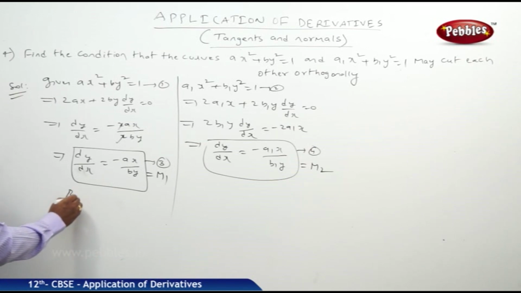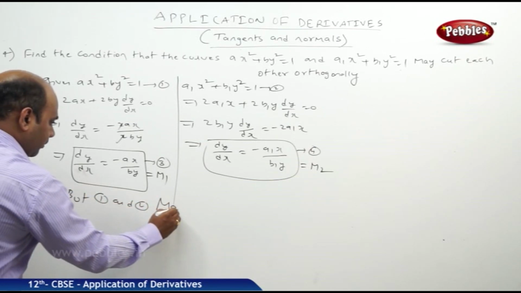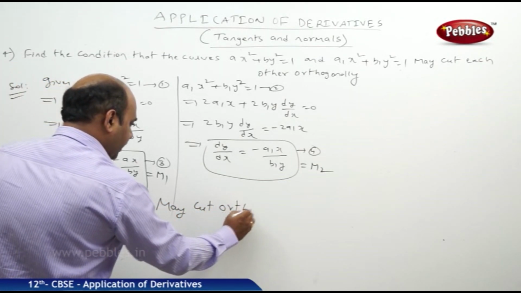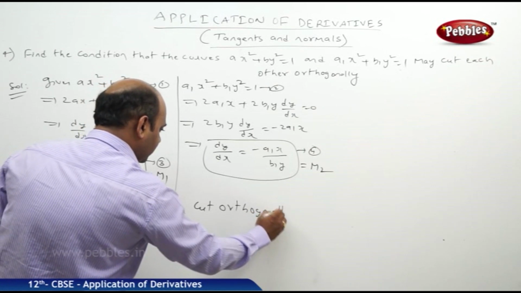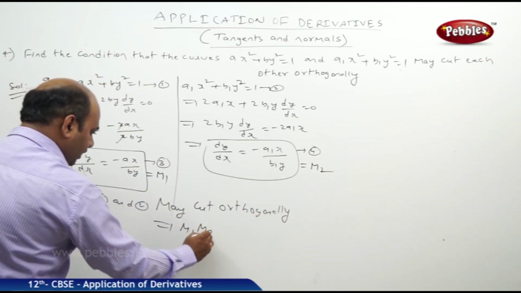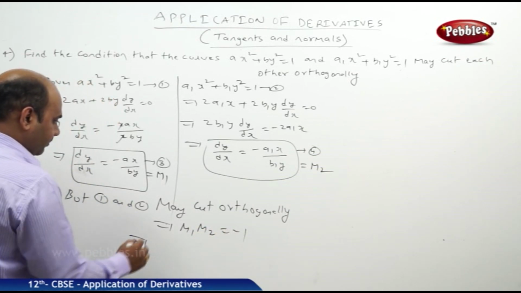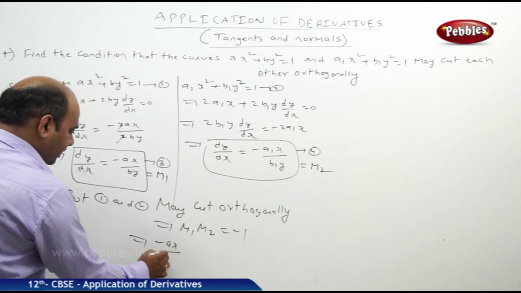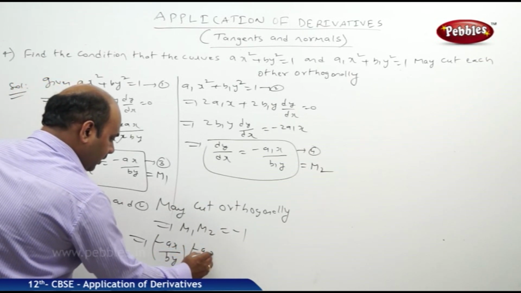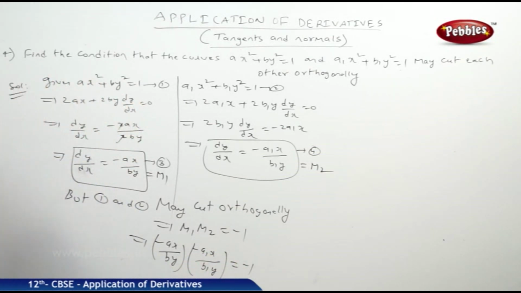But 1 and 2 may cut orthogonally. If they cut orthogonally, m1 m2 is equal to minus 1. So what happens? Minus ax by by into minus a1x by b1y equal to minus 1.